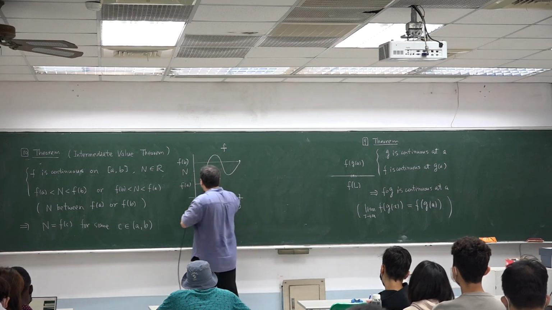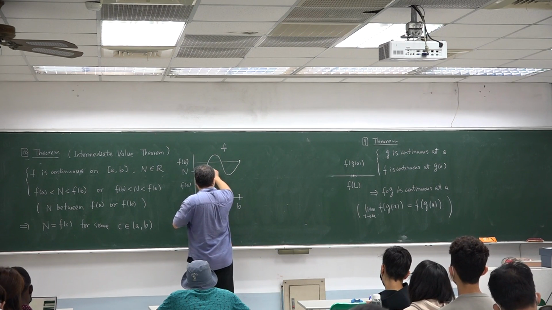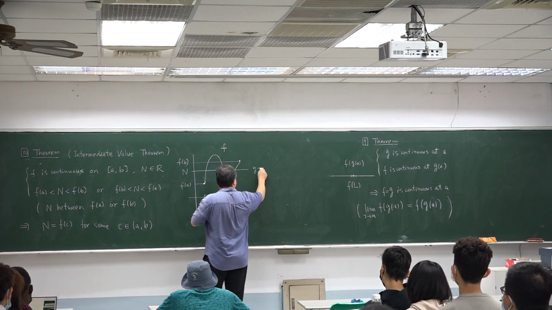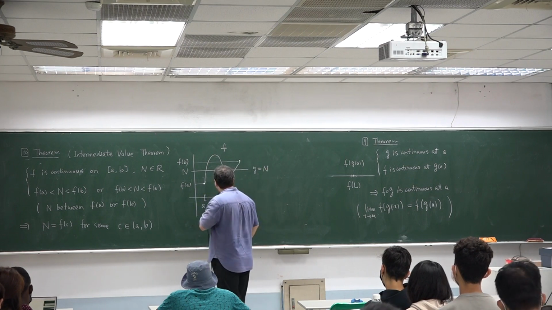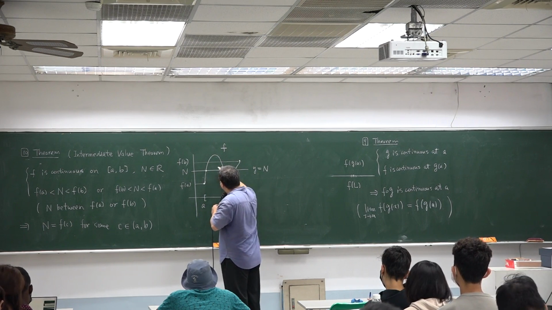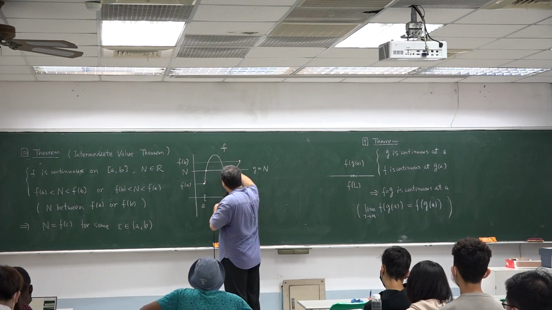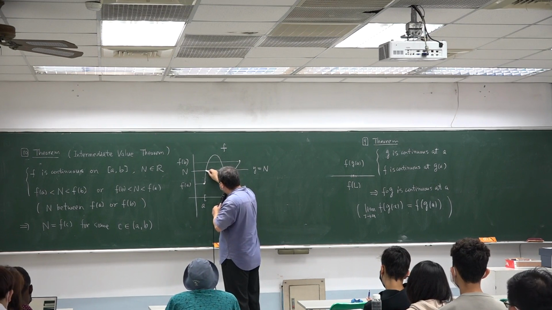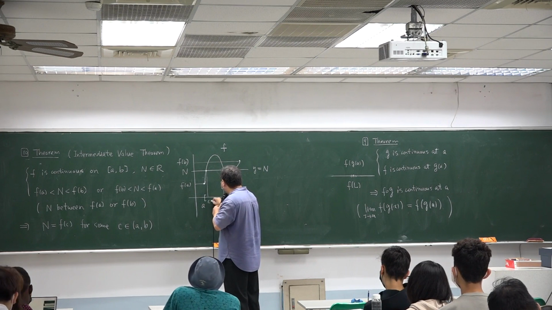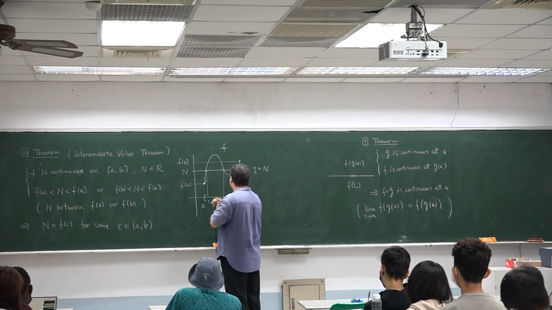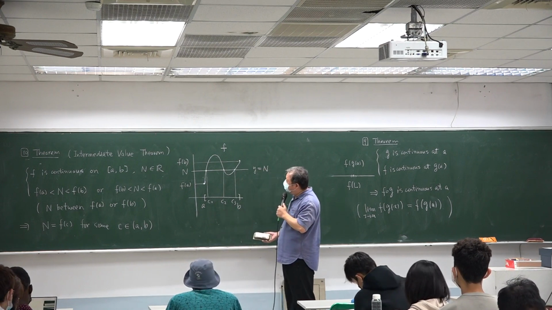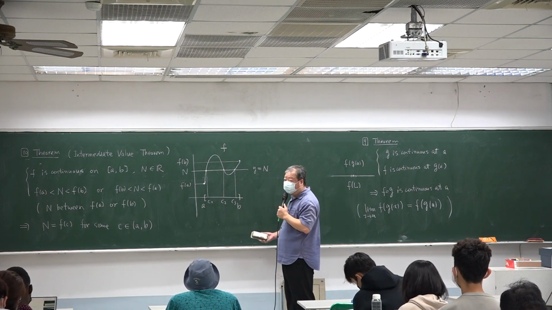Anyway, if we consider this horizontal line, whose equation is y equals N, this horizontal line intersects the curve of the graph of the function at least once. For example, this is c1, c2, c3. This is the meaning of the intermediate value theorem.